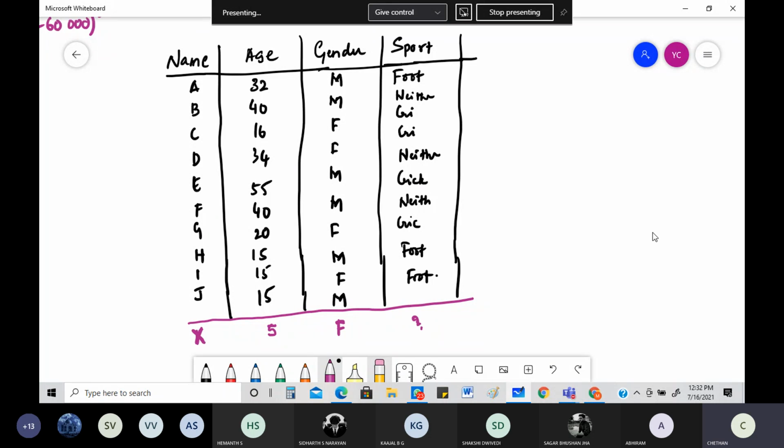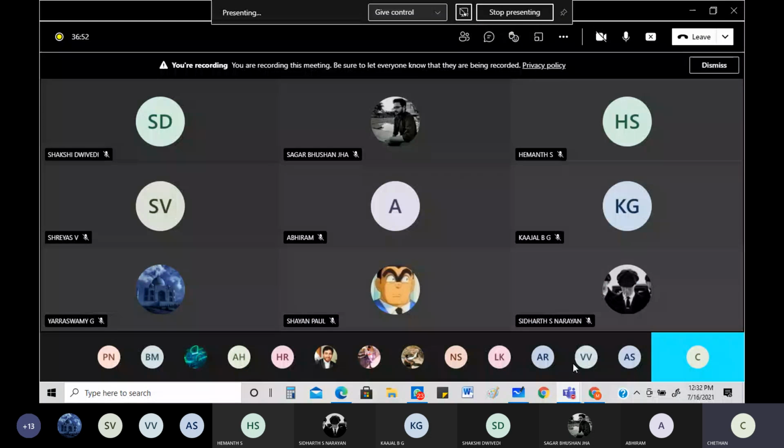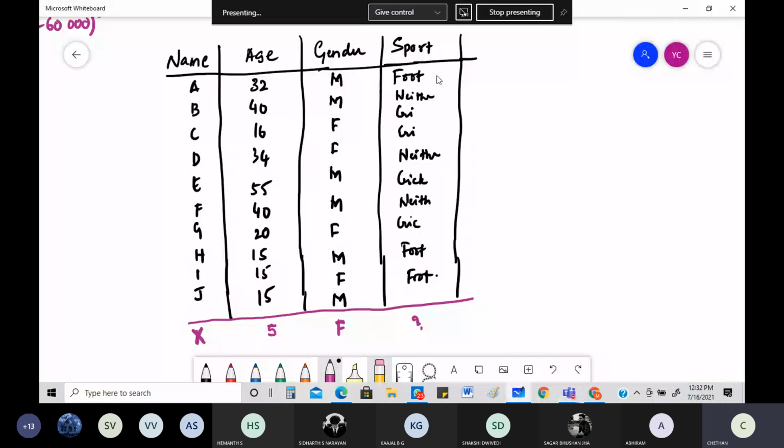How will you decide? That's very important. This is where K and N come alive. You can see very clearly why it is coming into the picture now. You need to assign X, a female with an age of 5, into any one of these criteria.